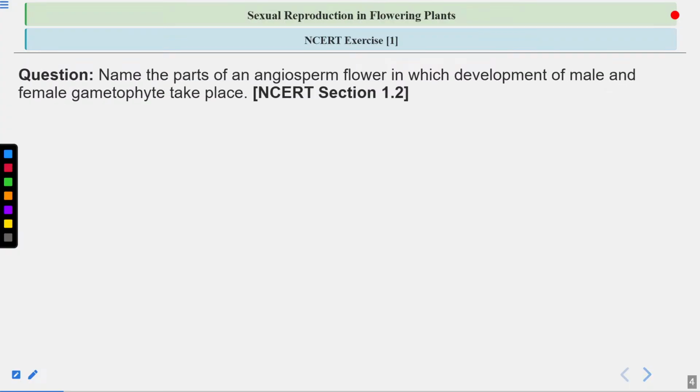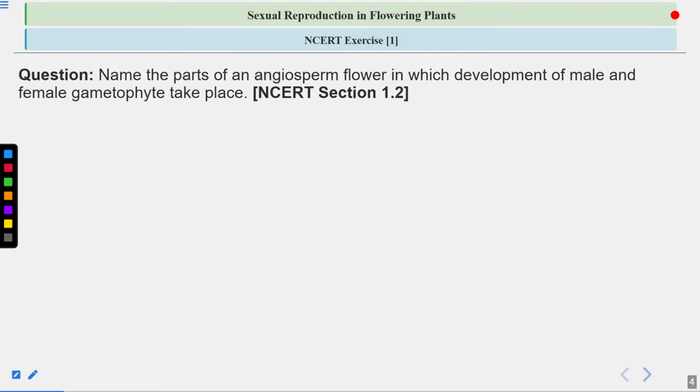So, here is the first question. Name the parts of an angiosperm flower in which development of male and female gametophyte takes place. So you have to tell at which part of the flower the male and female gametophytes develop.